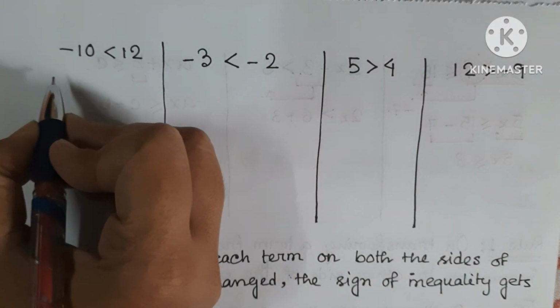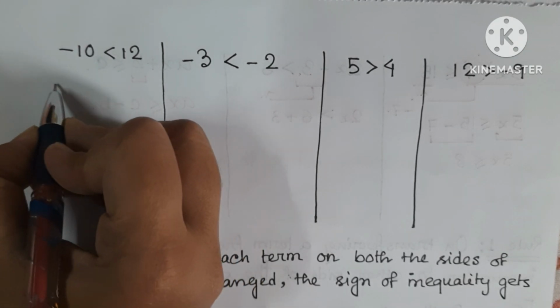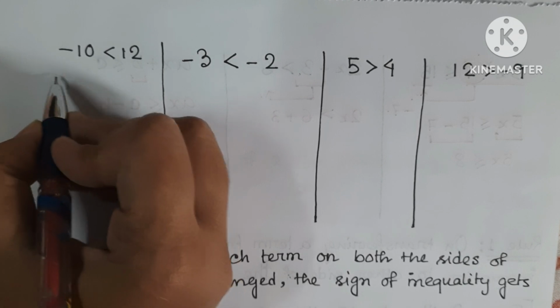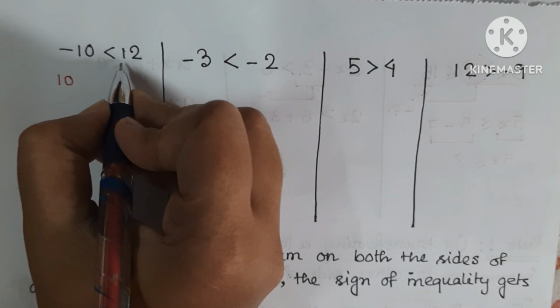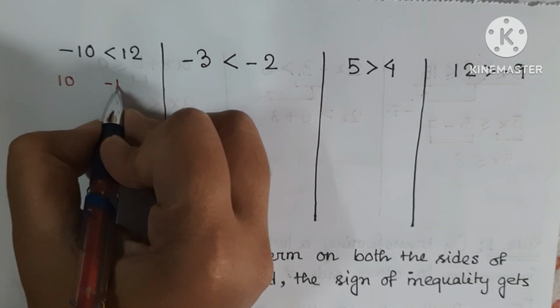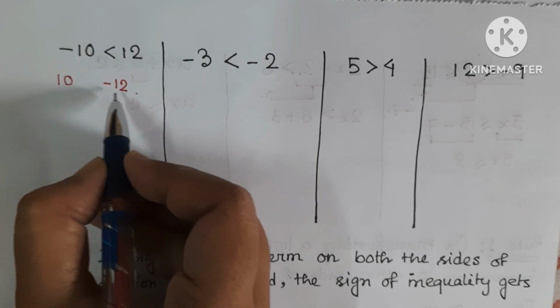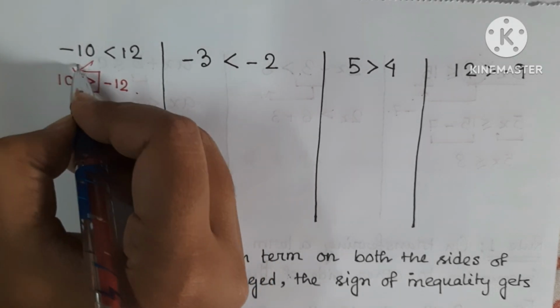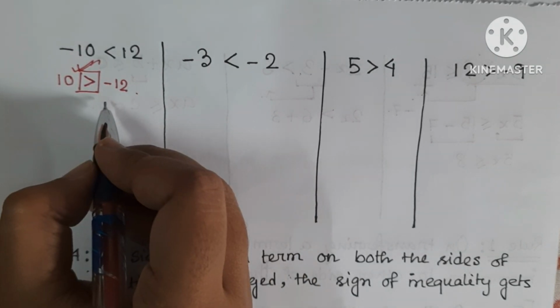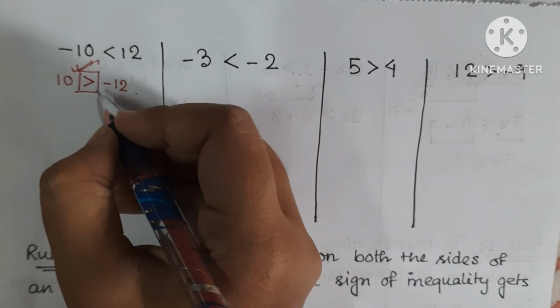In this inequation, minus 10 will become 10, and 12 will become minus 12, right? Now you all know that 10 is greater than minus 12, so the symbol will be the greater than symbol. So the sign of inequality gets reversed.